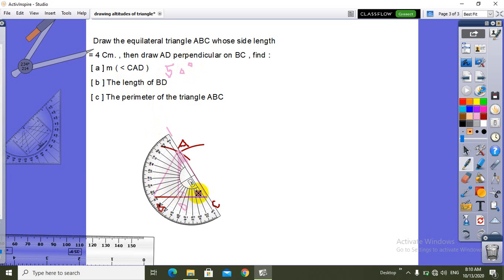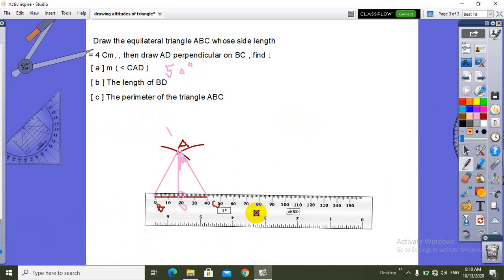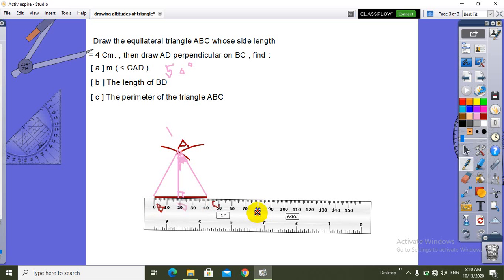To get the length of BD, use the ruler. Put the ruler from B to D. This is equal to what? 20 millimeters. It means 2 centimeters. This is 2 centimeters.